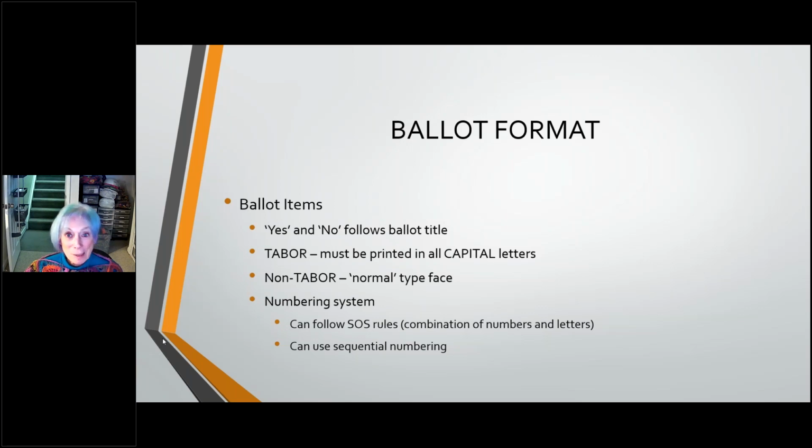Or you can just say ballot, and here's what I would suggest. If it's Tabor, it'll be a ballot issue, and you could put number 1 or number 2. If it's non-Tabor, it's a ballot question, again, number 1. So you could have ballot issue number 1 and ballot question number 1, and that distinguishes between Tabor and non-Tabor. So the numbering system is totally up to you.